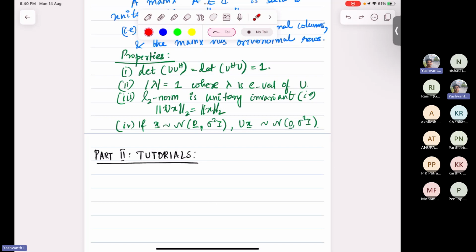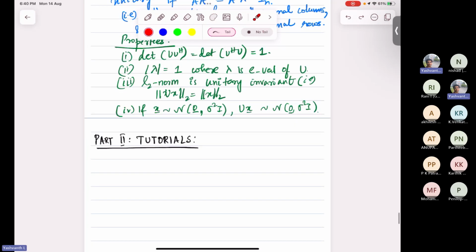Then for such a random vector, if you multiply by U, the resultant random vector, say y, will also follow the same distribution, 0 comma sigma square I. So these are some of the properties and a summary of the class. Now let's jump into some of today's tutorials and problems that are interesting to us.